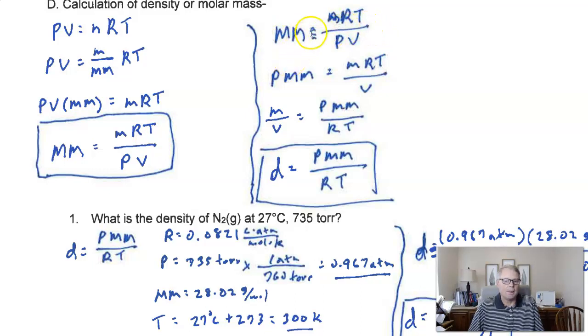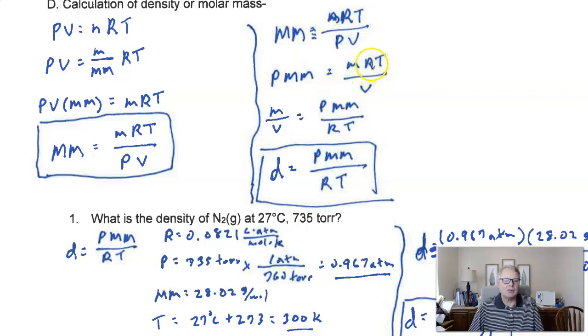Okay, well, let's just move the pressure over here, just for fun. So to do that, I would multiply both sides by P. So that cancels that out. So I get pressure times molar mass is equal to mRT over V. All right, let's move the temperature over here as well. Why would I do that? Well, we're getting there, we'll talk about it.